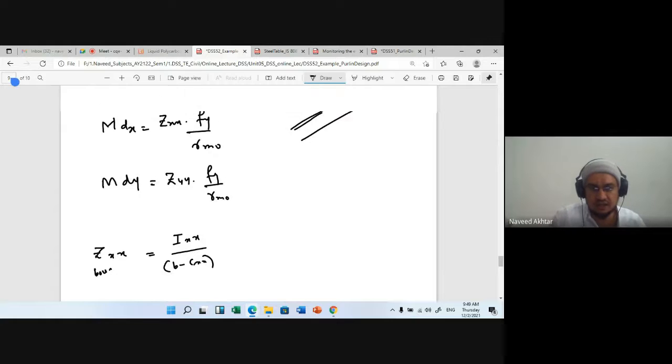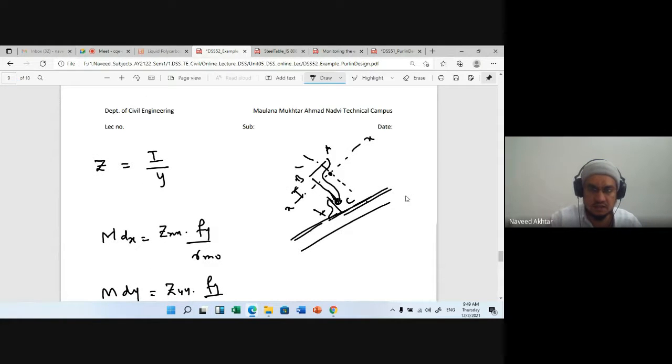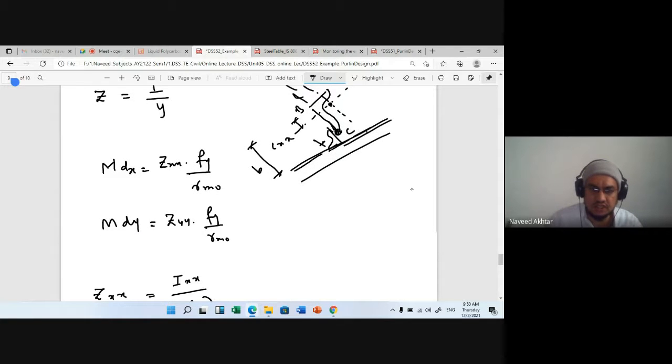So if I see, this is the CXX, this is the CYY, this is CXX, and this is the total B. Okay, and this distance below, this distance I will write down. This is nothing but B minus CXX, and this distance is large.